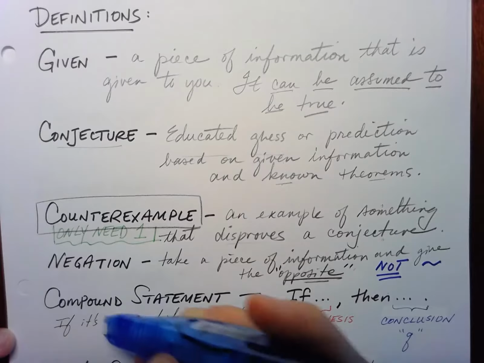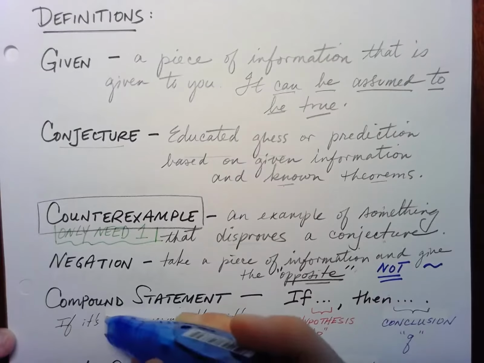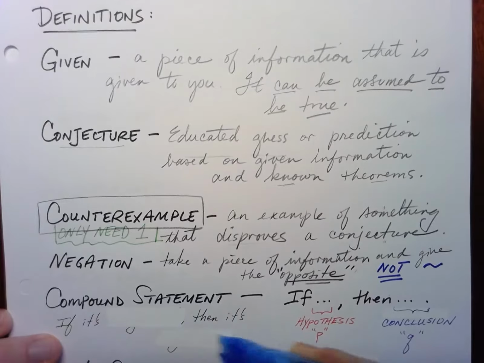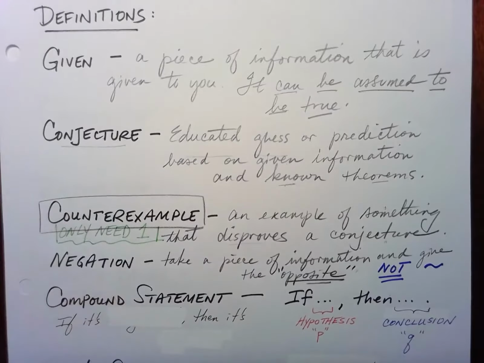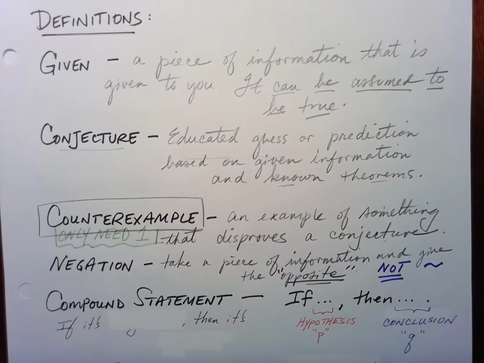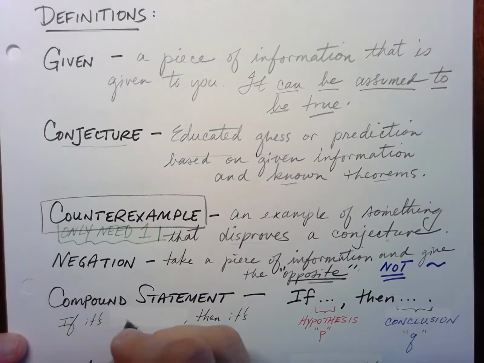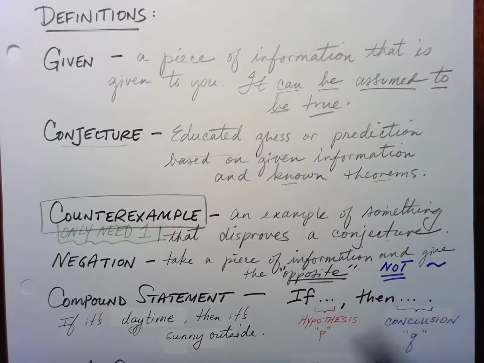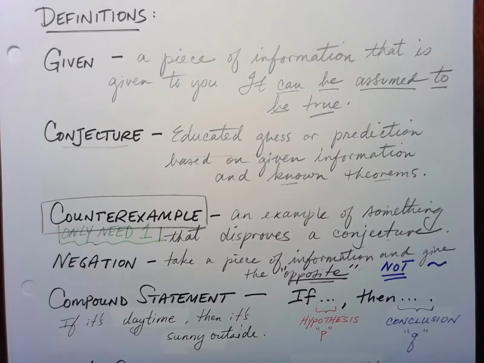Let's look at this. If it's daytime, let's reverse this. I'm just going to reverse this. We'll learn in a second what that's actually called. So let's say, if it's daytime, then it's sunny outside. Okay, if it's daytime, then it's sunny outside.